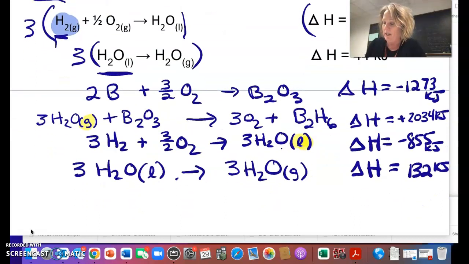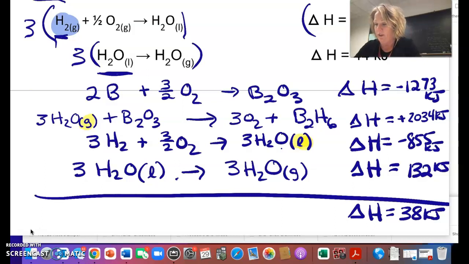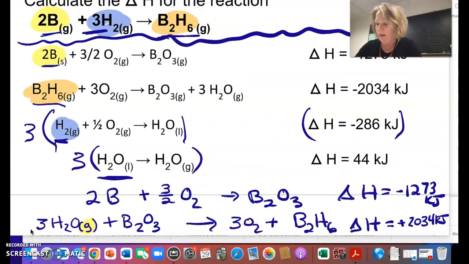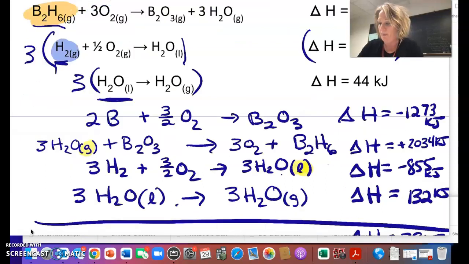So now I'm ready to cancel, and when I add my delta H's, I get 38. And as I'm adding the reactions, I'm trying to cancel everything, and then hopefully we'll end up with this reaction again. If not, then I know I did something wrong. So it's a good way, like doing the problem checks itself.